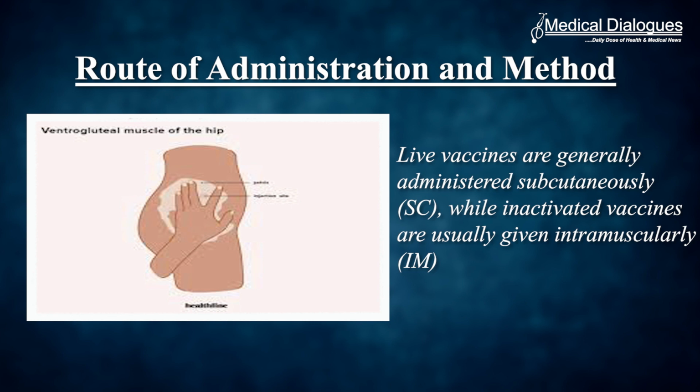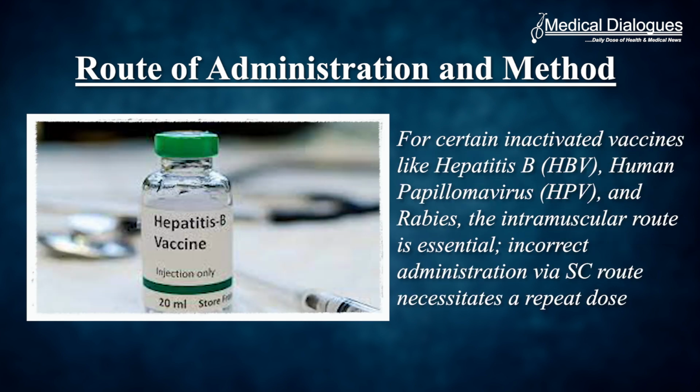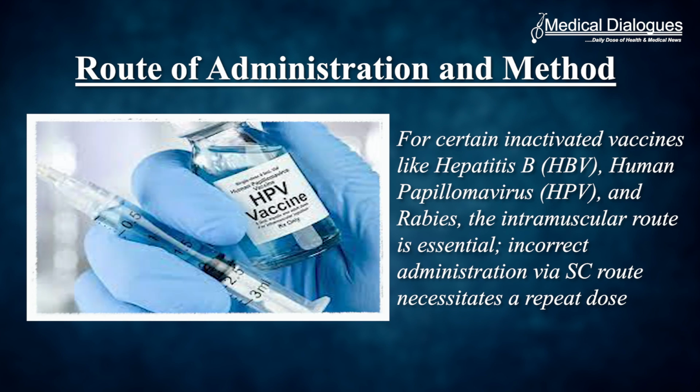Live vaccines are generally administered subcutaneously, while inactivated vaccines are usually given intramuscularly. For certain inactivated vaccines like hepatitis B, human papillomavirus (HPV), and rabies, the intramuscular route is essential. Incorrect administration via the subcutaneous route necessitates a repeat dose.